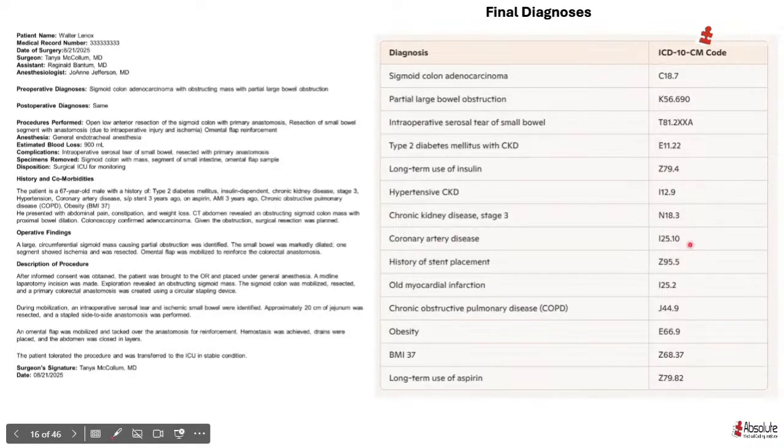The CAD, coronary artery disease, history of stent placement. I also coded the old myocardial infarction, the COPD, obesity, the BMI of 37, and the long-term use of aspirin. Yes, maybe that's what someone's saying in the chat. Maybe the history codes. Absolutely, we did code it.